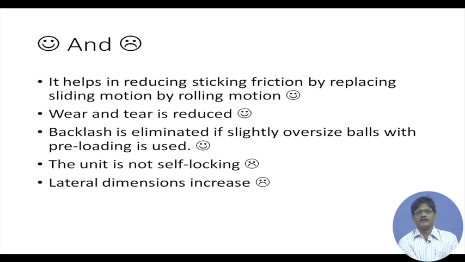And it has some other advantages and some disadvantages also. If we use a recirculating ball screw nut mechanism, it helps in reducing sticking friction by replacing sliding friction by rolling friction. What is sticking friction?